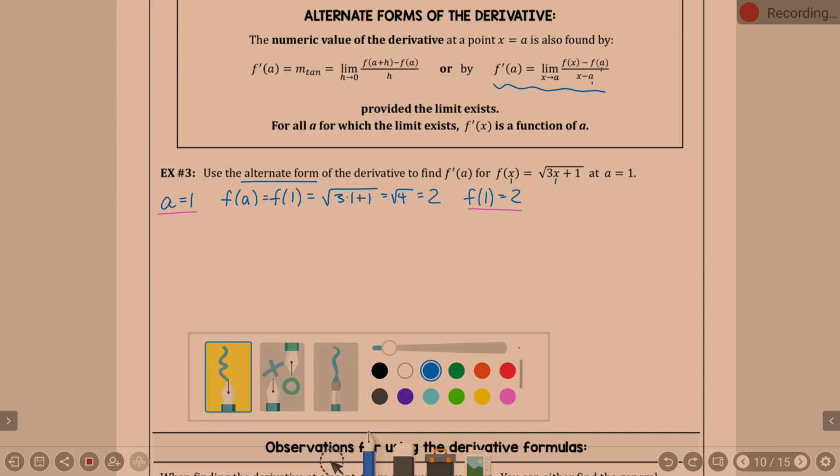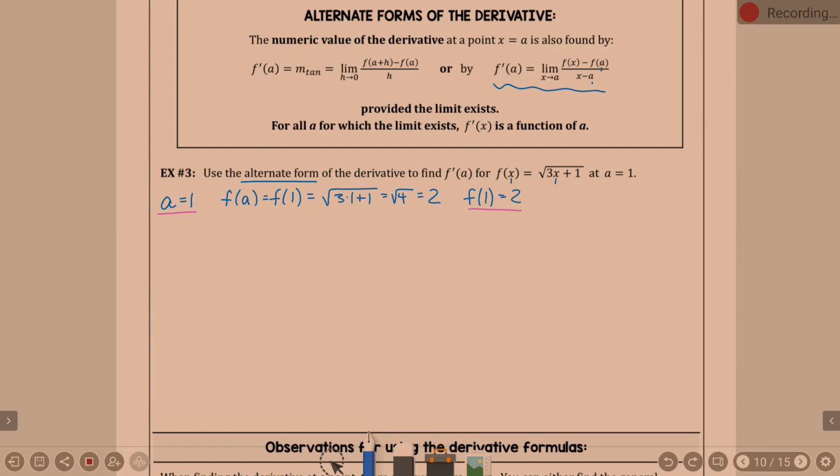Okay, ready to set up this derivative? Okay, so it says f prime of a, so we're really finding f prime of 1 is what we're doing here. So it's the limit as x approaches a. What are you using for a? One. We're using 1, yes?